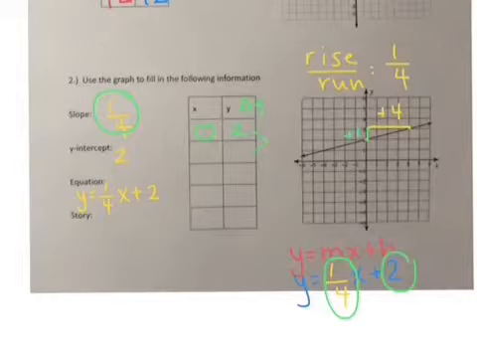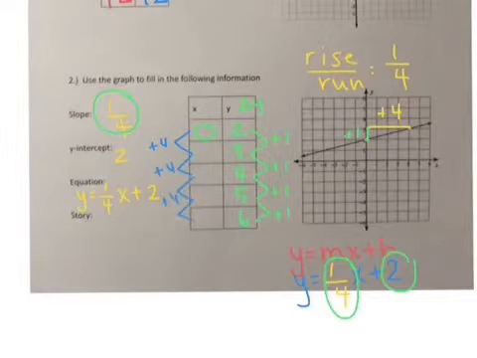So change in y was 1. So all of these are going to be plus 1. And then our run was 4. So our run was adding 4 for each one. So we just put those into our table. And that's it.